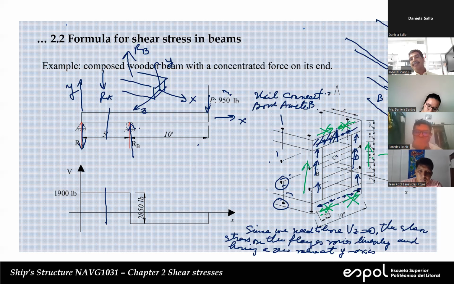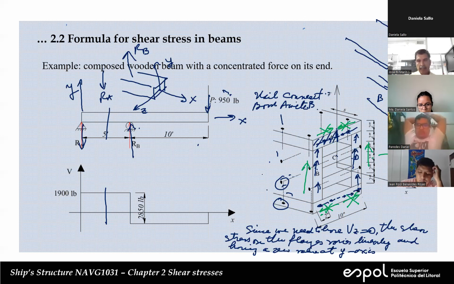You see that board C is also like a flange, but it's not at the top. It's an intermediate position in the height of the section. So connecting boards B and C will have a different value since the shear stress that they have to sustain is different. So let's calculate first the shear stress.